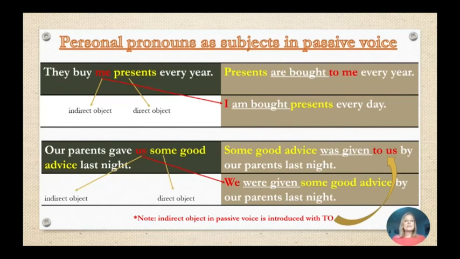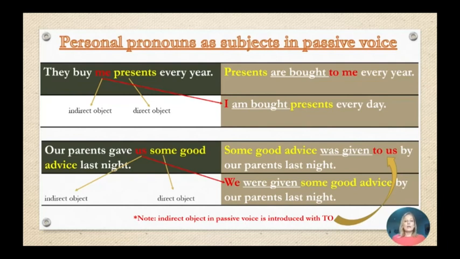Why? Because that's the object form of the personal pronoun I. So we have to use the subject form of the personal pronoun if we are going to put it as a subject. So we are going to say I am bought, not me am bought, but I am bought presents every day.